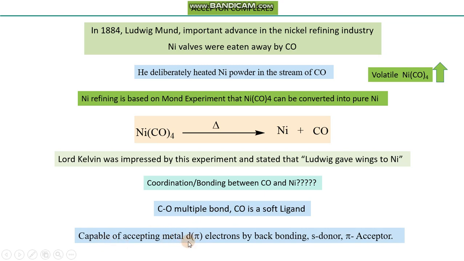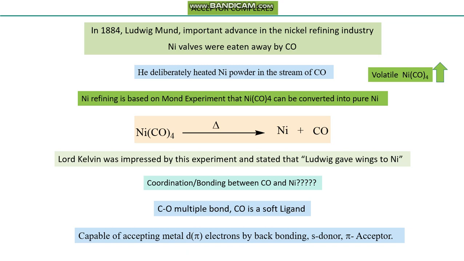So this metal is capable of accepting electrons from the ligand. It is accepting electrons from the ligand with the help of a sigma bond, and the metal itself is electron rich, because nickel in zero oxidation state possesses 10 electrons in its valence shell.